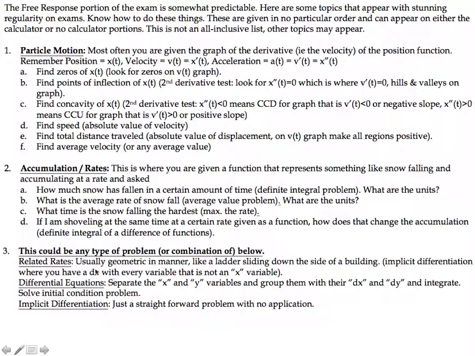It could be a differential equation, separable, so that you have to integrate it, an initial condition sort of thing. It could be implicit differentiation, which kind of goes back to related rates, where you have to do the differentiating the y and doing the y prime sort of thing.